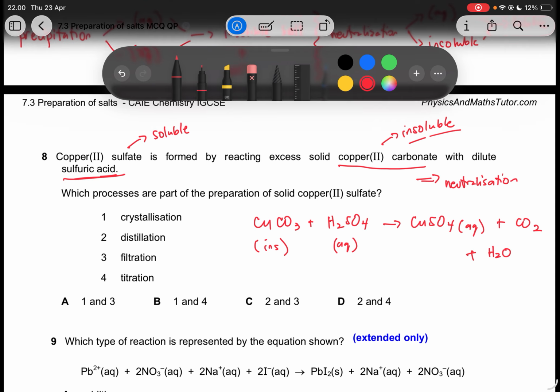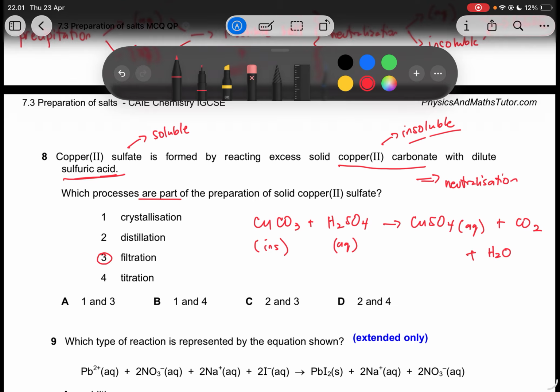Question here is, which processes are part of the preparation of solid copper 2 sulfate? So what are the steps in this? Again, we have to add excess copper carbonate to our dilute sulfuric acid. We warm it after we dissolve, and when we already have excess, when it's not dissolving anymore, then we will start to filter.